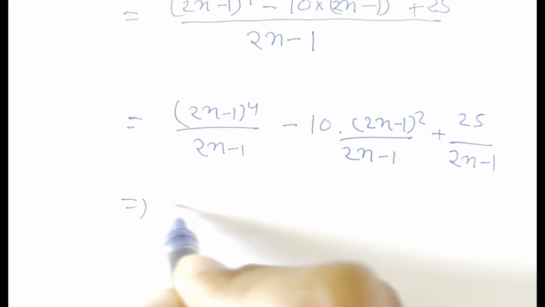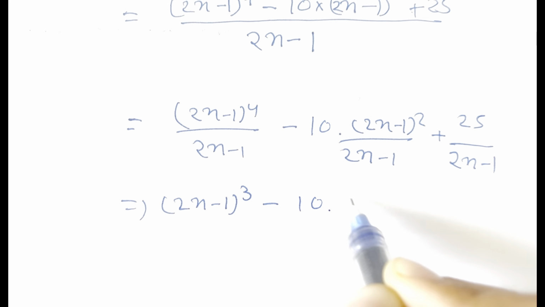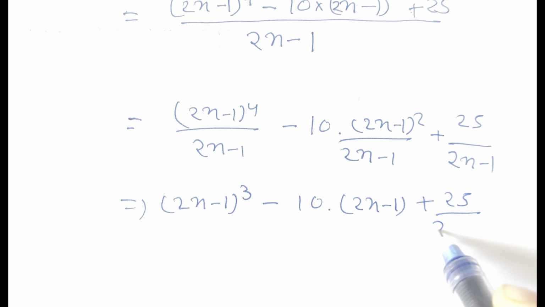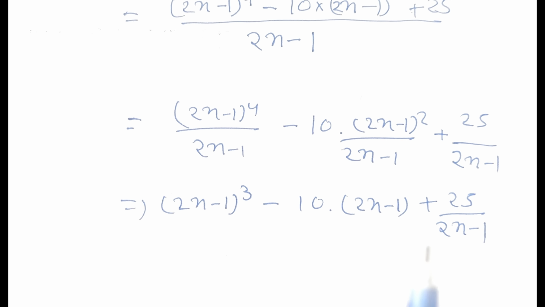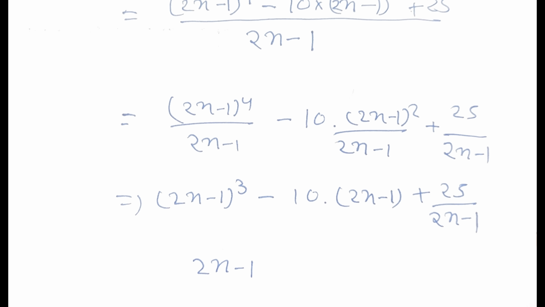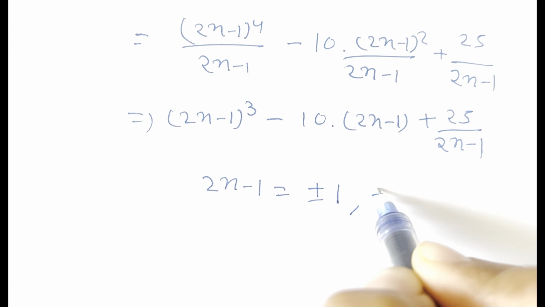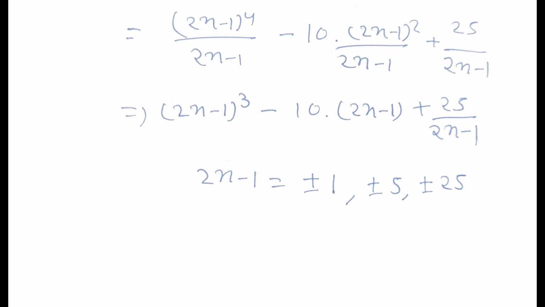So what is left is (2n − 1)³ − 10 into (2n − 1) + 25 divided by 2n − 1. This expression will be an integer if and only if 25 is divisible by 2n − 1. For that, 2n − 1 should be a factor of 25, which are ±1, ±5 and ±25. Now we will see each case.